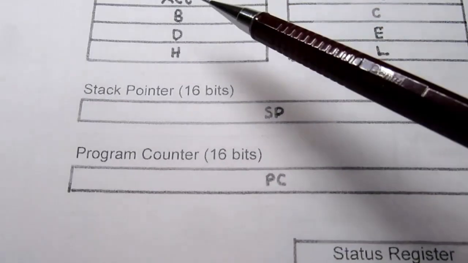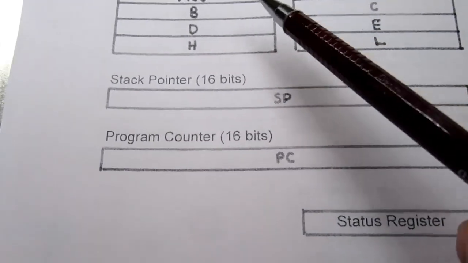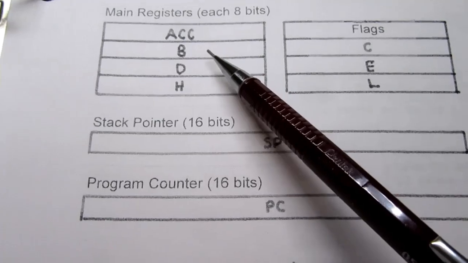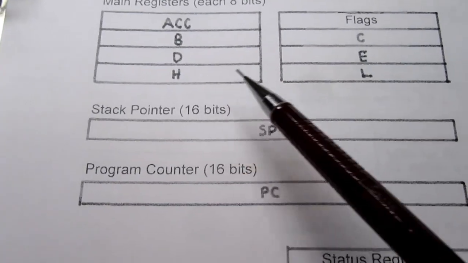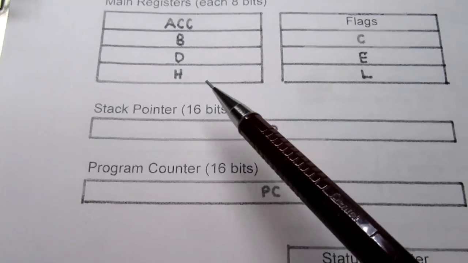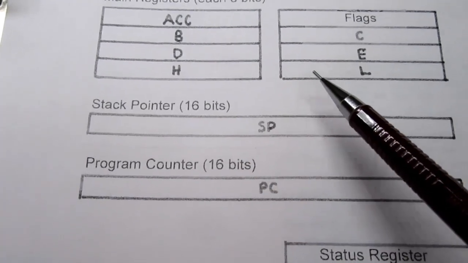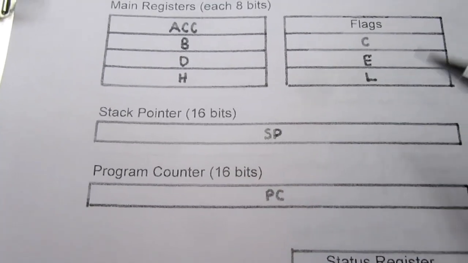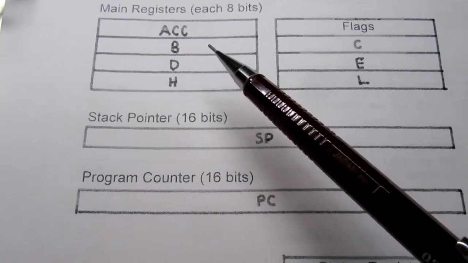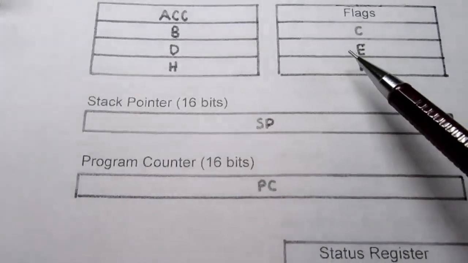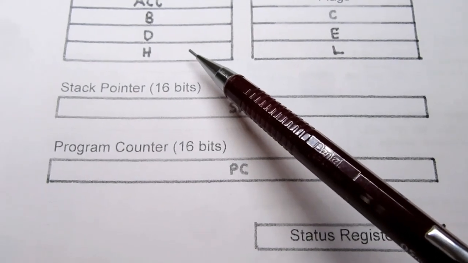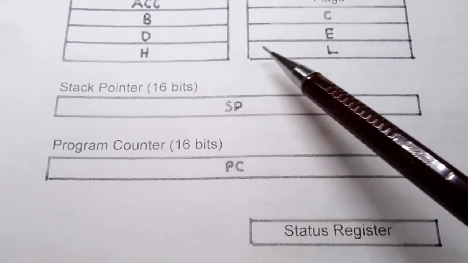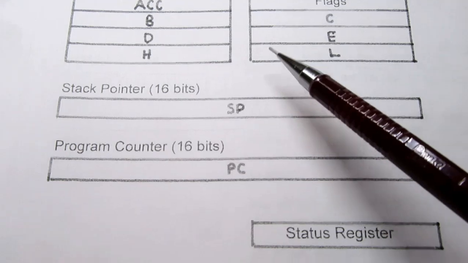Getting back to the main registers, we have 3 register pairs. There's the B and C register pair, the D and E, and the H and L. It's skipping the I and the J, but they go together. These registers can all be used independently, or they can be used in pairs. Some instructions in particular always use the H and L, and there's not much you can do about it.